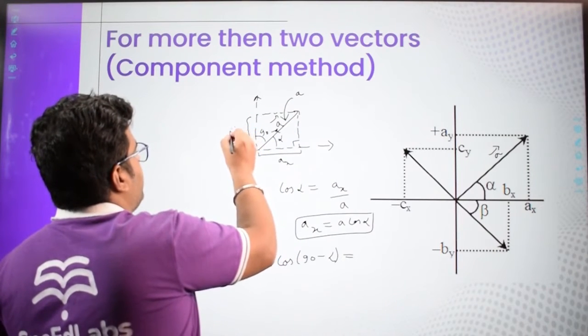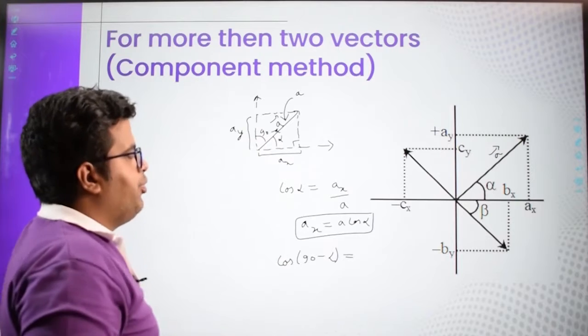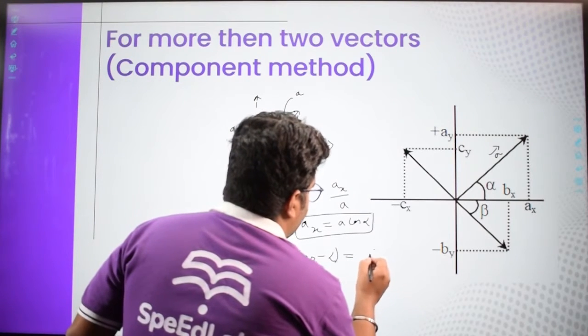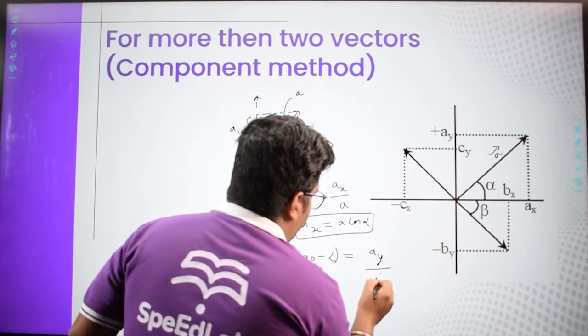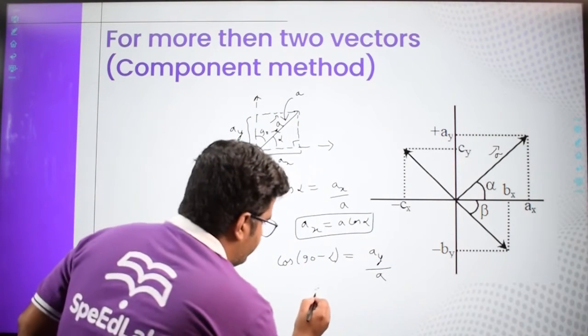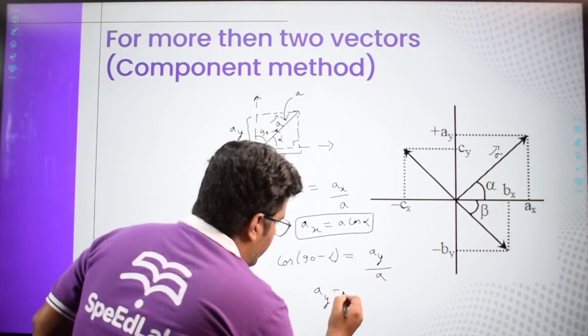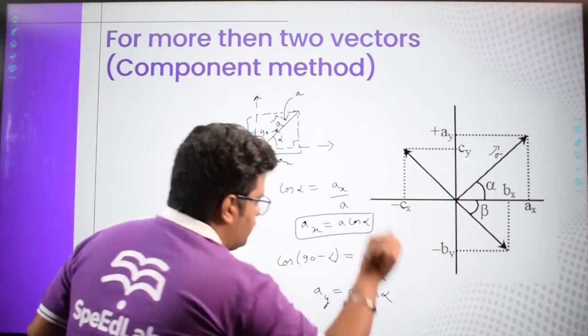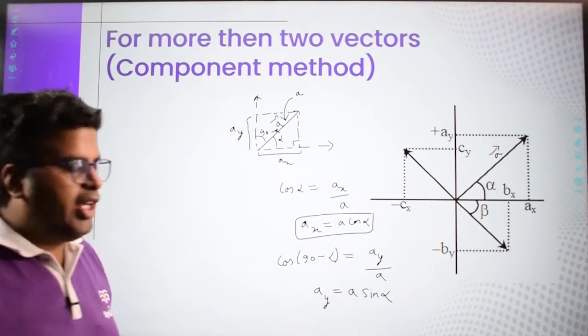The base is Ay and the hypotenuse is A. So Ay comes out as A into cos 90 minus alpha, and we know that cos 90 minus alpha is sin alpha.